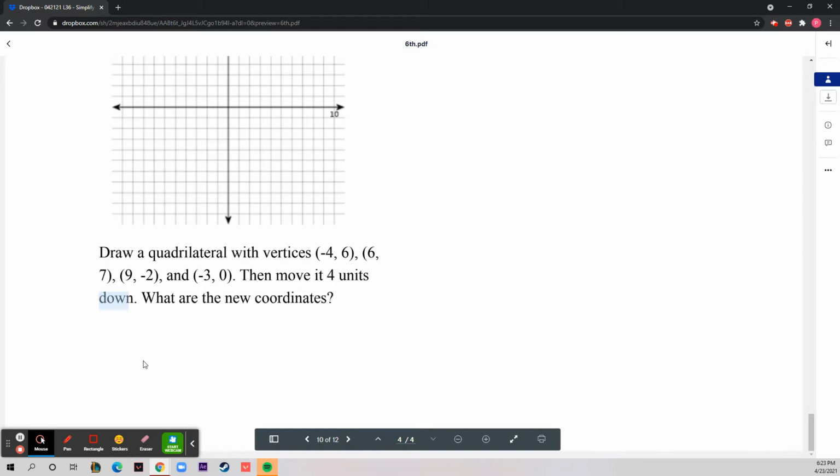So you know it's going to be the y coordinate, and down means you subtract. So you subtract 4 from all the y coordinates. So you get negative 4, 2; 6, 3; 9, negative 6; and negative 3, negative 4.